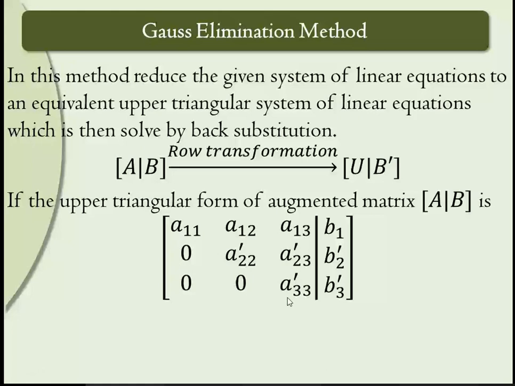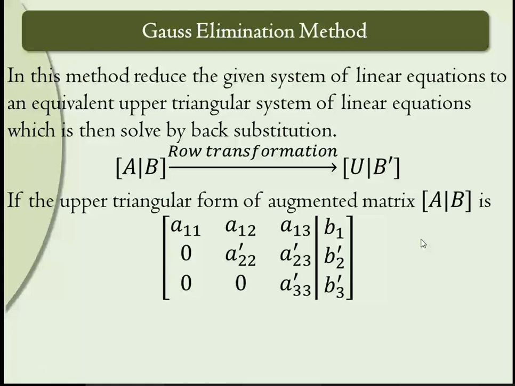Then from this matrix, again we write the equations. By using the last row, we get the value of the last unknown term, put it into the previous equation, that gives us the value of the next unknown term, and put both these values into the previous one, which gives us the value of the remaining unknown. So there is no separate formula to remember for this Gauss elimination method.